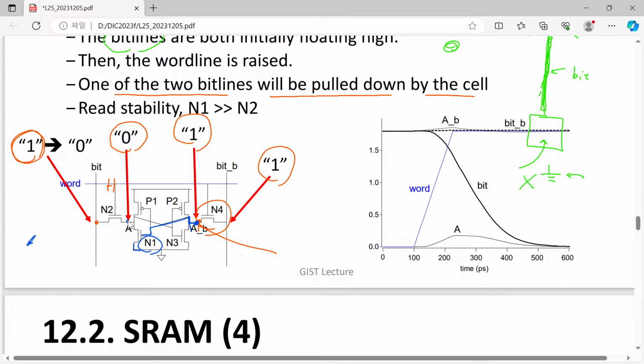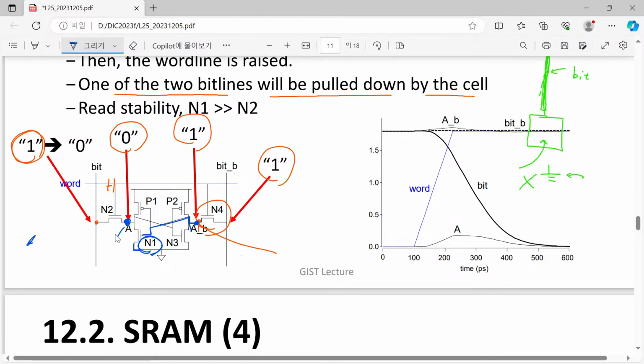Here you have a certain node A, which can be regarded as the drain of your N1 transistor, and also as the source of the fully turned on N2 transistor.